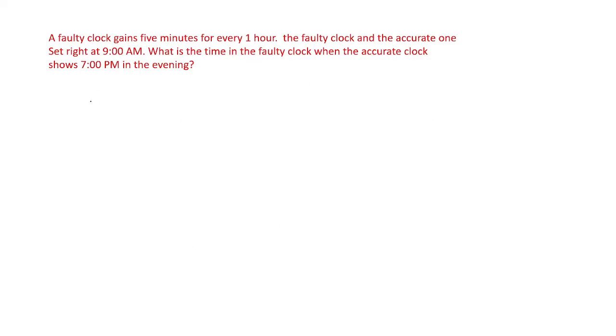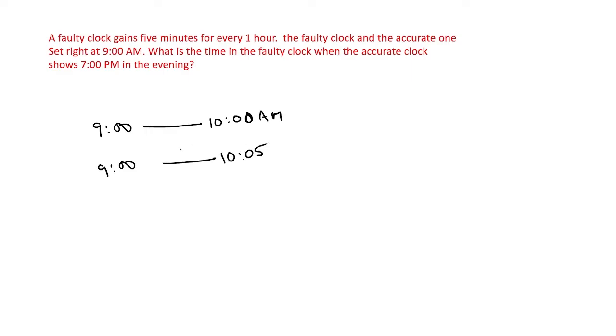See guys, if the correct time and wrong time are set exactly at 9 a.m., after 1 hour the correct time should be 10 and the wrong time is going to be 10:05. Let us take, we're setting the original one as well as the faulty one at 9 a.m. exactly. After 1 hour, the original one is showing 10 a.m. but the faulty one is showing 10:05.